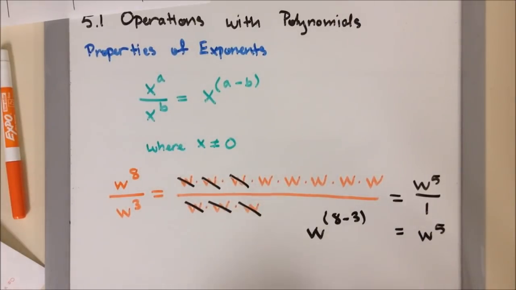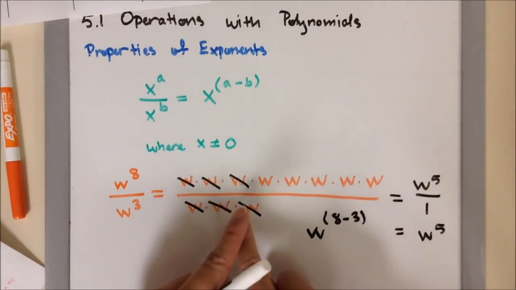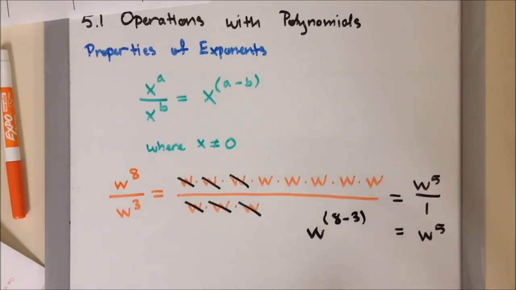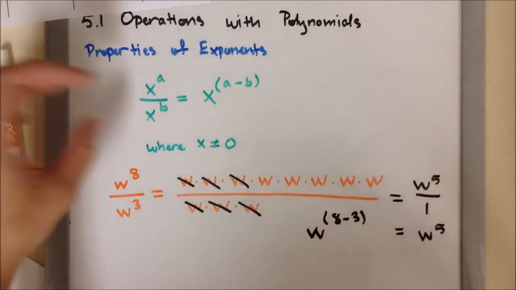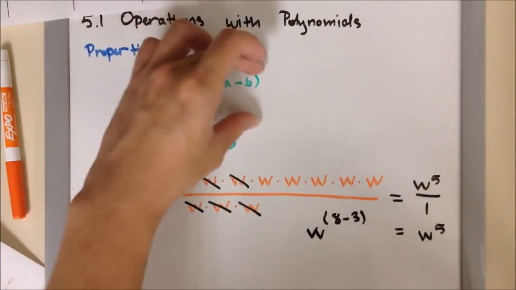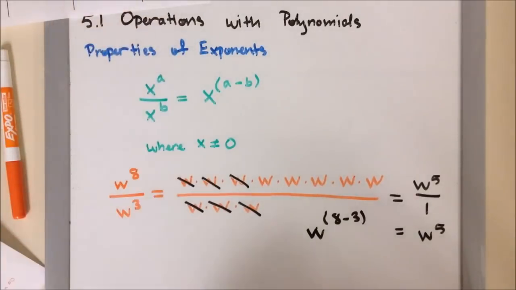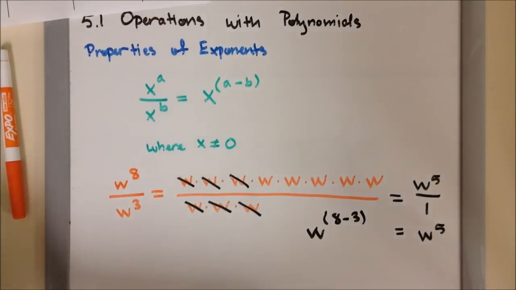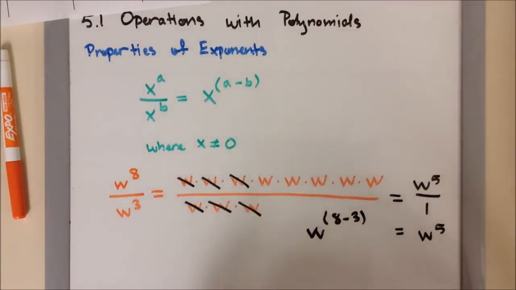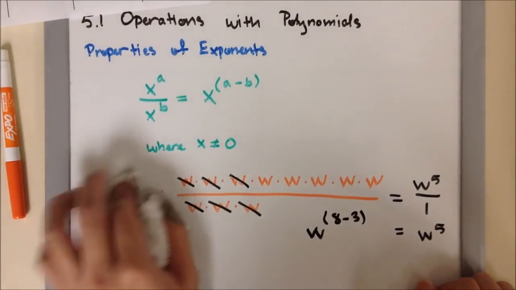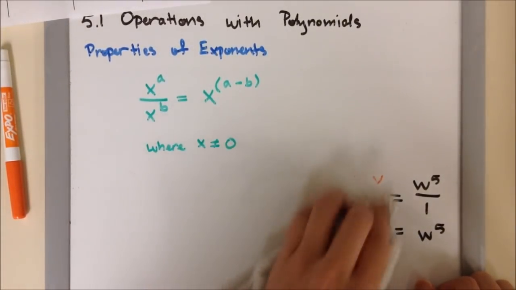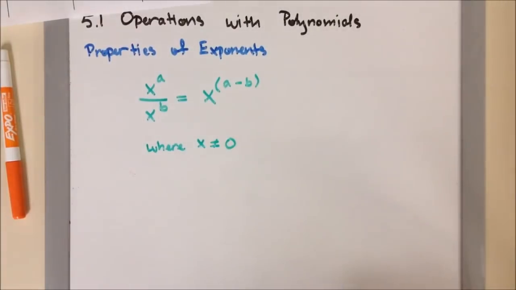Now, again, it can be tedious if you were to write it out, especially when your exponents are high numbers, like w to the 70th power divided by w to the 24th power. That's a lot to write. So as long as you follow this law of exponent, this property, as a shortcut, then you're not required to write out the variables. You just follow it, and it's still going to give you the same answer.